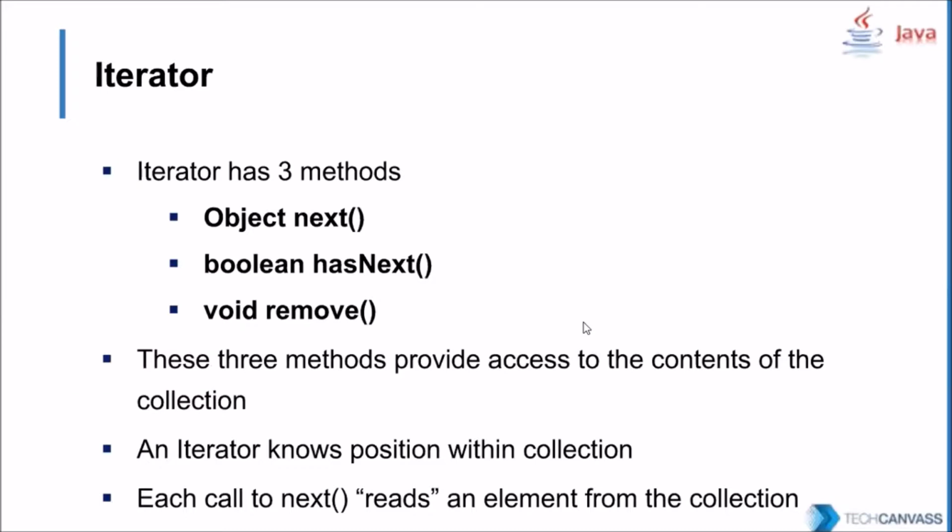Has next determines whether there is any value in the next element or not, whether it is true or false. It will always give true if there is a value, and it will give false if the list ends. And remove is where we remove a particular element from that list.